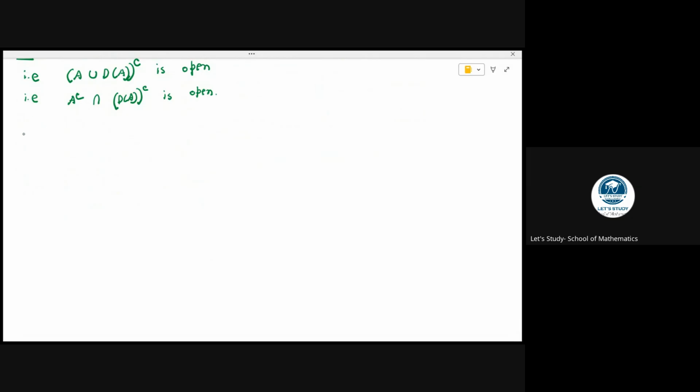Let x belong to A complement intersection DA complement.